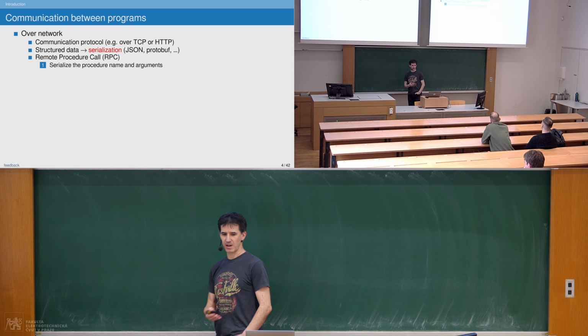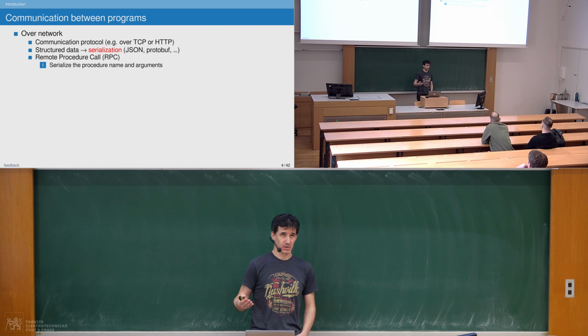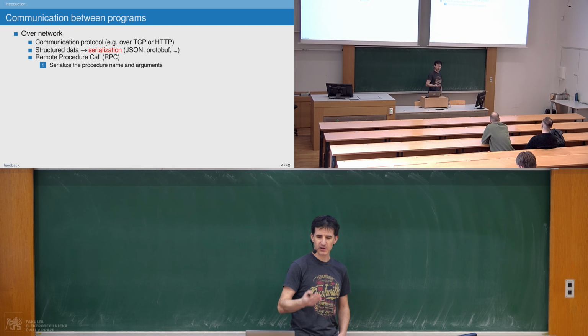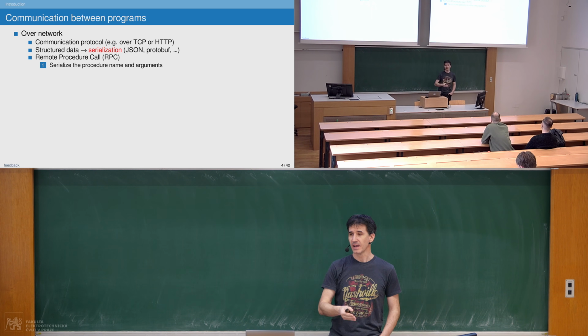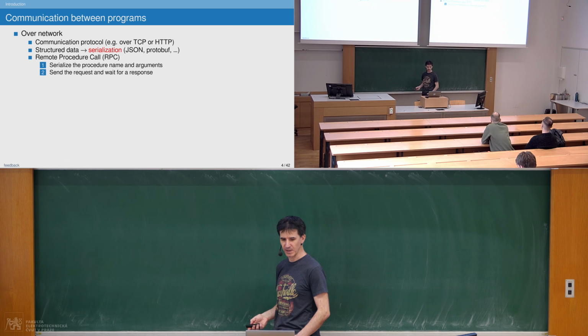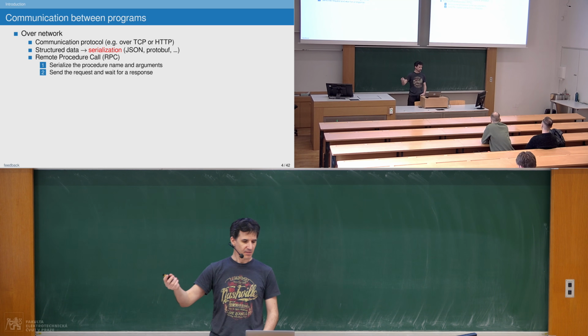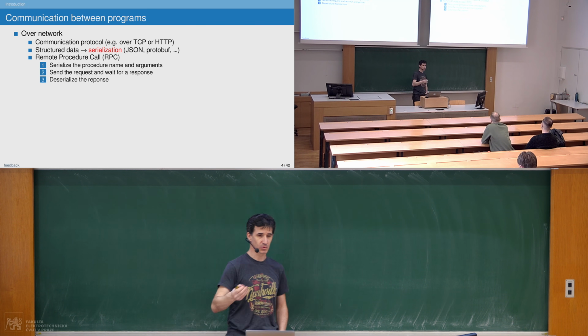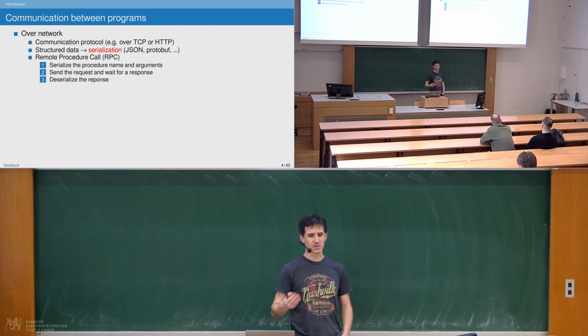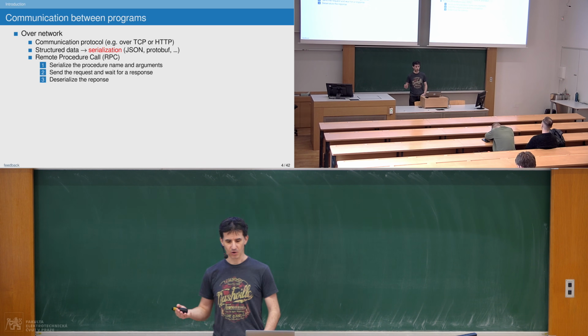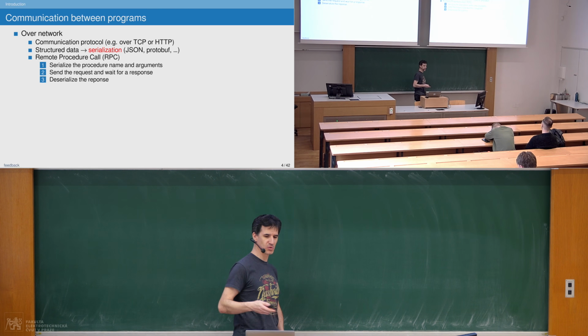Basically, you serialize the data. One of the data could be the name of the procedure or function you want to call on the other side, and you also serialize the parameters, arguments, send the request to the server, then wait for response. Once you receive the response, you perform the opposite step of serialization, which is deserialization. You get the result of the remote computation. So this is the basic thing.